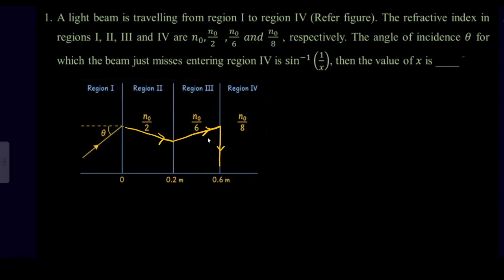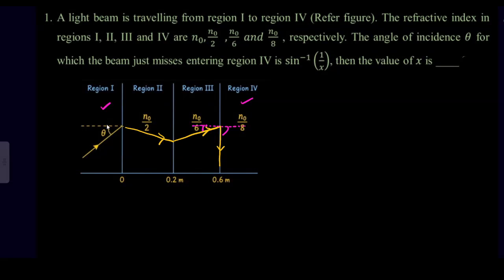Yes, now here we draw a normal. Now you see this medium, this is the angle. We are talking about only region 1 and region 4; the intermediate ones are not required.